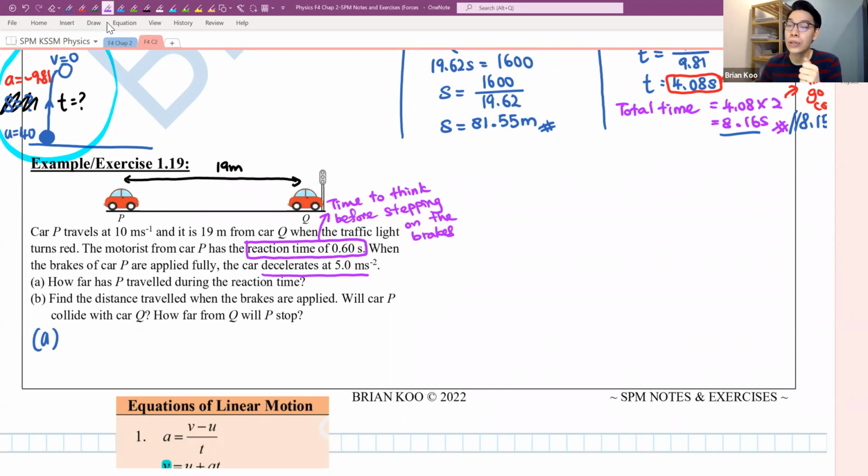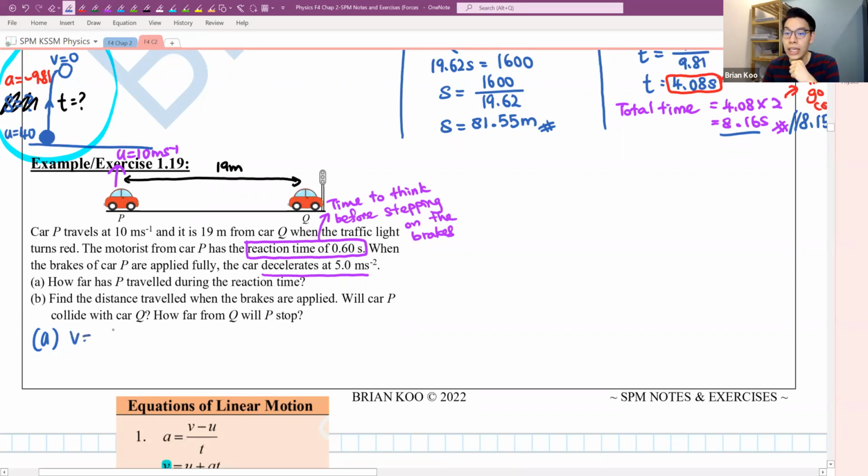So we need to know that at the beginning, the velocity is 10 meters per second, right? So all you have to do is the distance, or the displacement, equals the velocity times time.